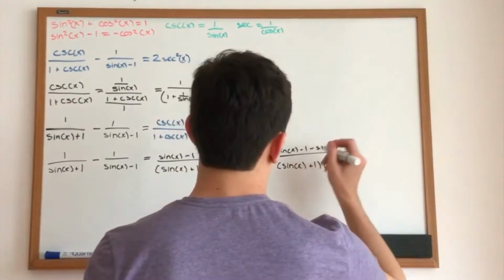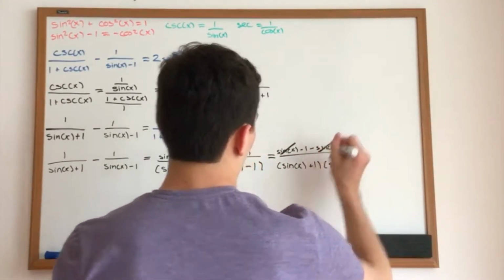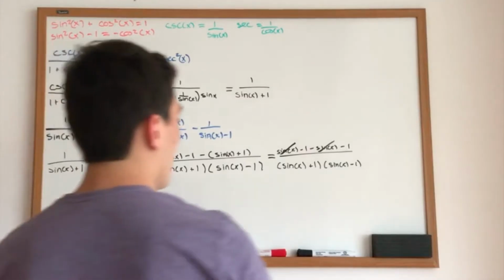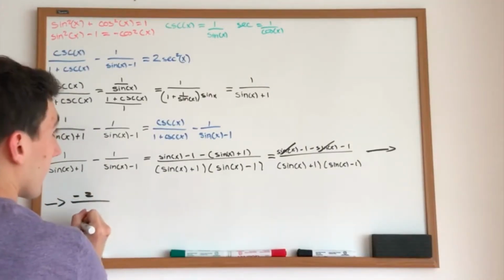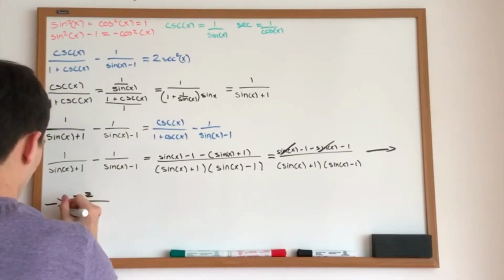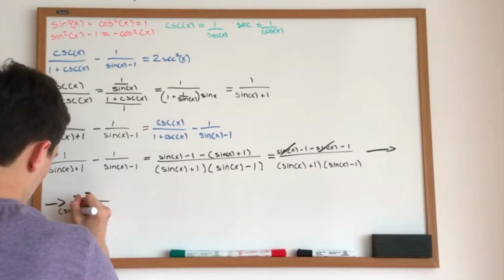When we get this, we can cancel out both signs. That would give us minus 2 over sine of x minus 1 times sine of x plus 1.